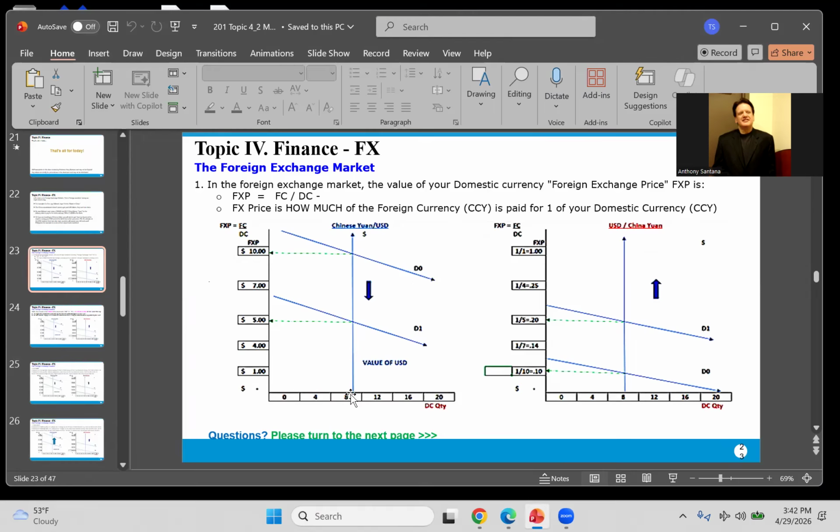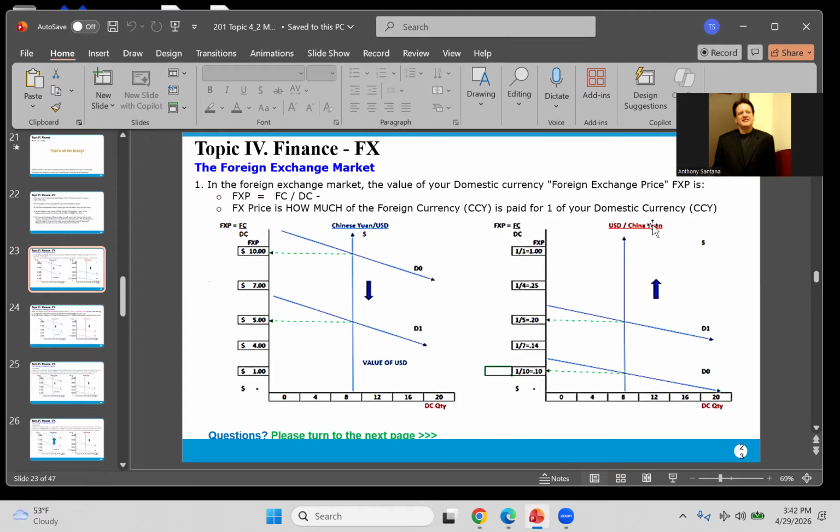Now, we have to understand that if you look at the price of your currency as how much of their foreign currency for your domestic currency, that's the value of your currency, then in their country, these two numbers are going to flip around, right? Because in China, when we look at the Chinese currency, this is how many dollars you'll give for a Chinese yuan.